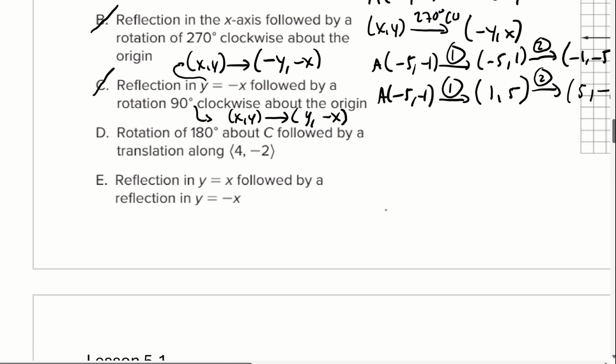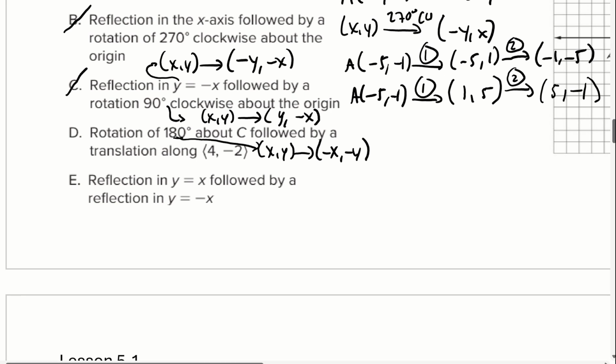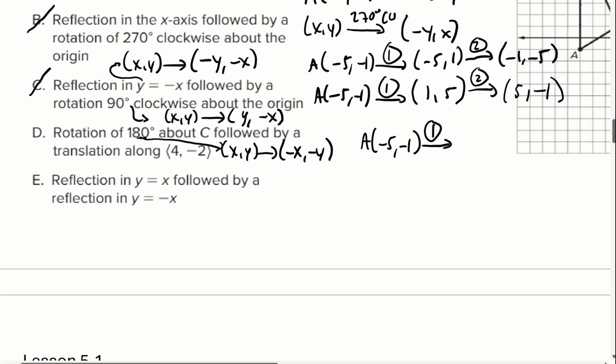Let's do a rotation 180 degrees. So the rule for that is just put negatives on x and y. Okay, so let's do that. So A, if I do the transformation for 180, just put negatives on both coordinates. So it becomes (5, 1).